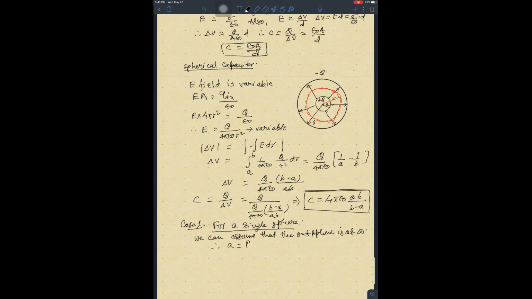Therefore A is equal to R and B is equal to infinity.